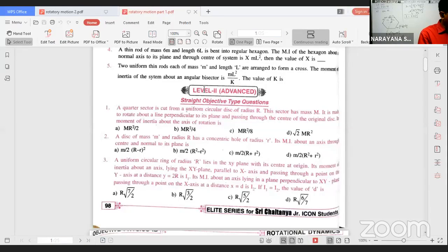Two thin uniform rods, each of mass m and length L, are arranged to form a cross. Cross means perpendicular, a plus shape. Plus shape is called a cross. The moment of inertia of the system about an angular bisector.